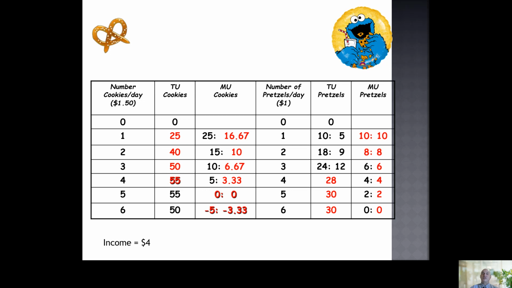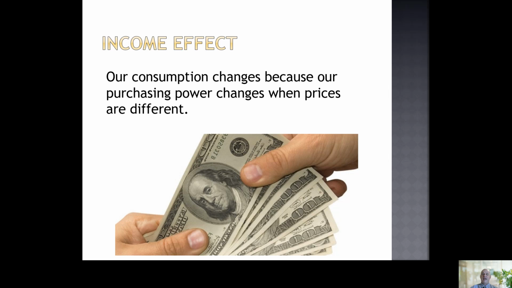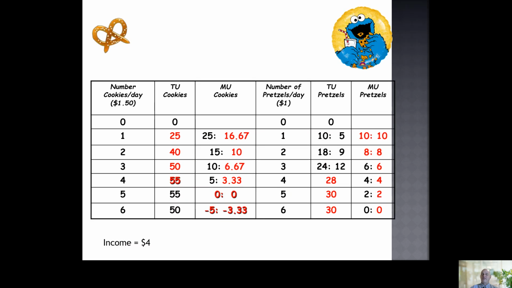I better just go with the cookie because I get more satisfaction for every dollar. And I say, well, let me go to 2 cookies, get 10 units of satisfaction. Well, that's the same as my first pretzel also. And I ask myself, hey, can I afford 2 cookies and a pretzel? And I actually can. That adds up to my $4.